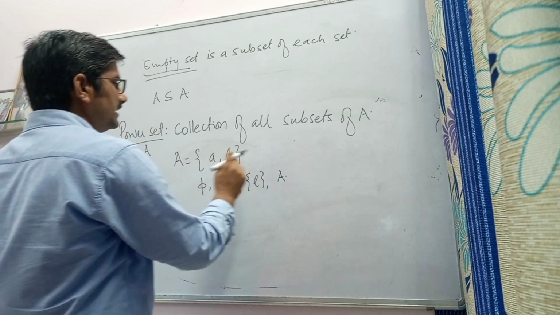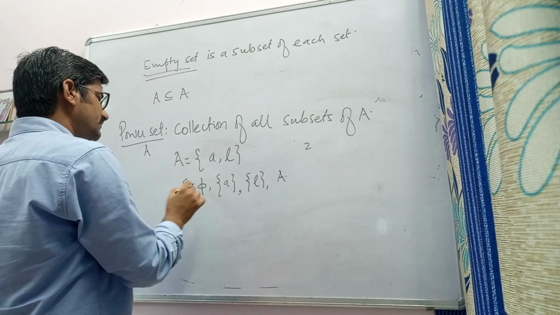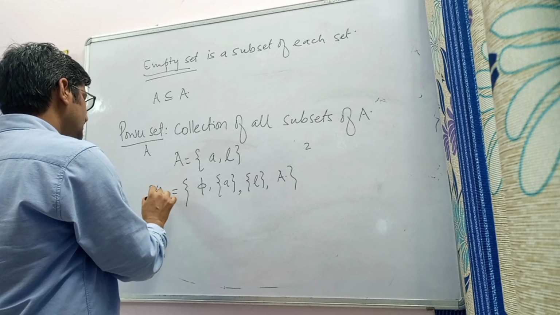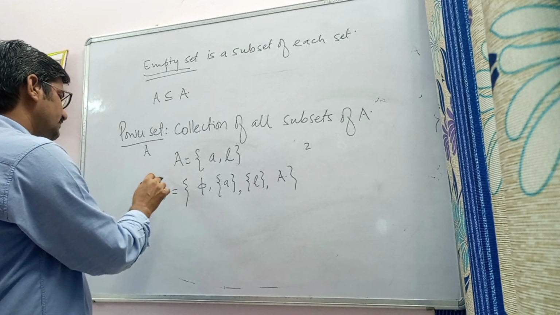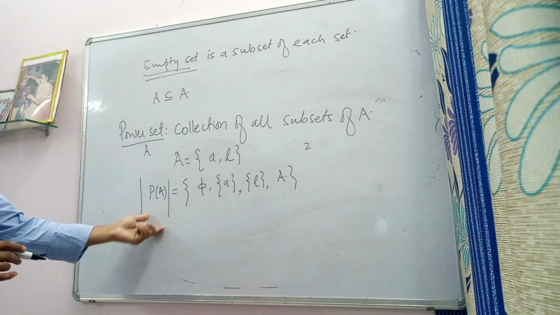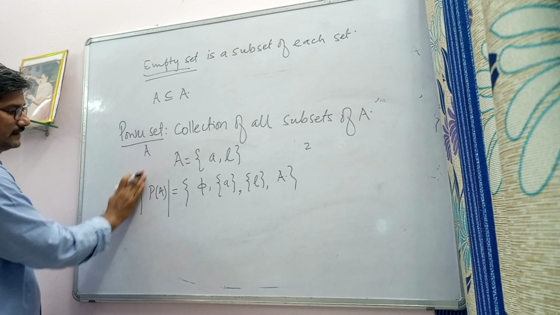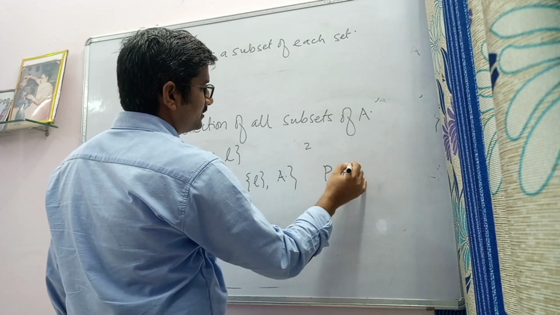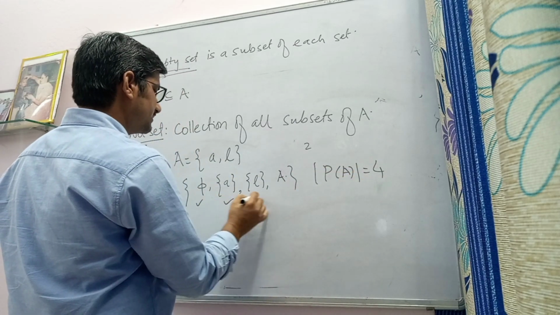So this set A has two elements. How many elements are there in the power set of this set? This is P(A), which means the power set of A. The number of elements in this power set is denoted by this notation, the cardinality of the set. So the cardinality of this set is equal to 4, because it has 4 elements.